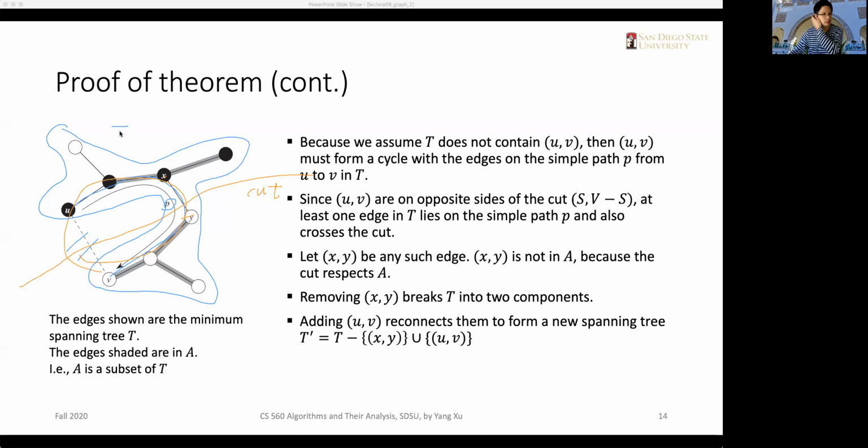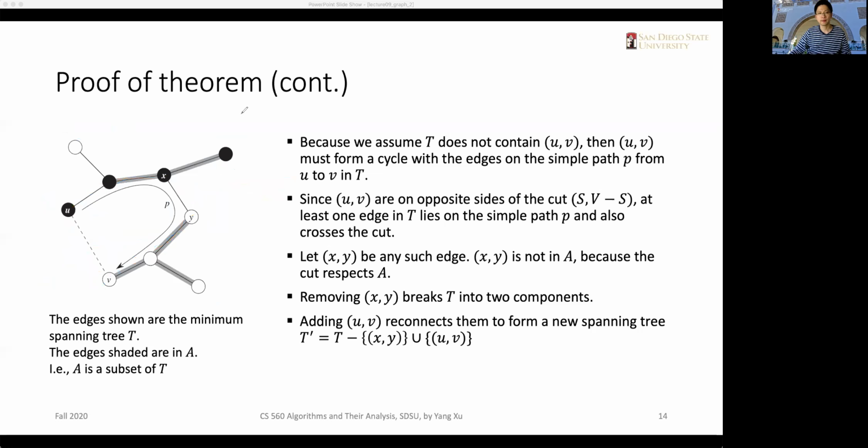So that's the original T. Since xy breaks T, removing xy will break the tree into two parts. Then we can remove xy and reconnect the two parts with this U V, and it will form a new spanning tree, T prime.